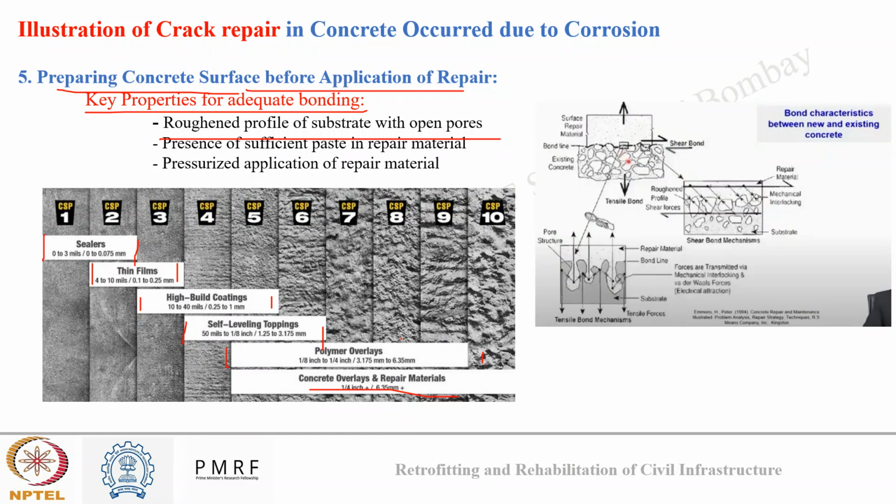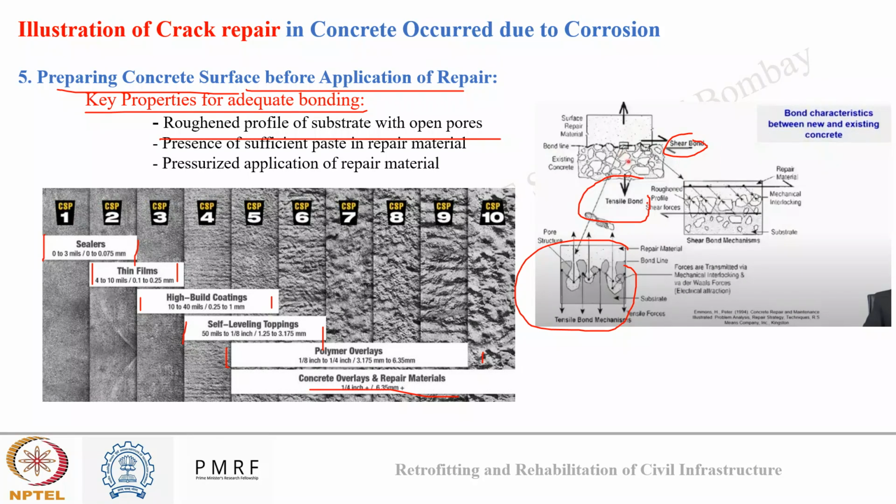But when I'm talking about polymer overlays or mortar, concrete mortar as a concrete repair material, I may need a very rough surface. Why are these needed? So that it can properly bond with the substrate in terms of shear properties, and in terms of proper interlocking and tensile bond also.